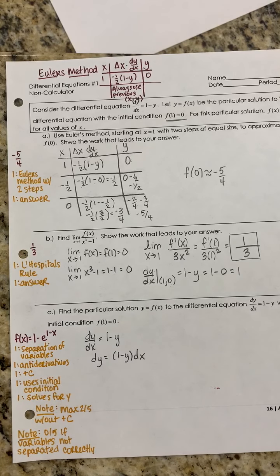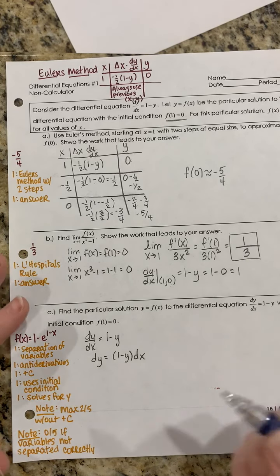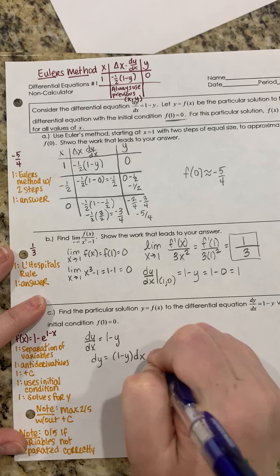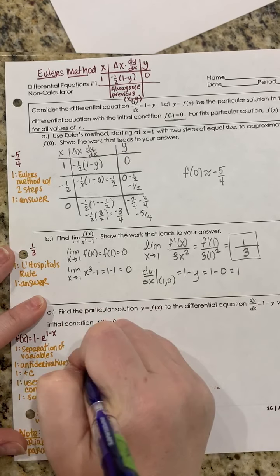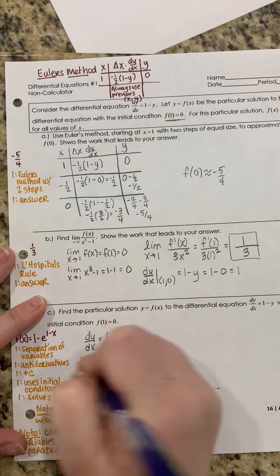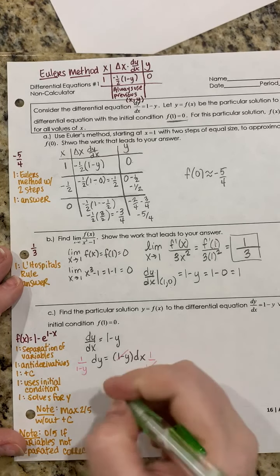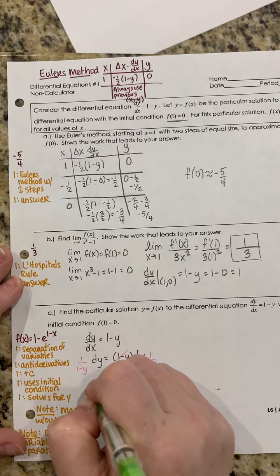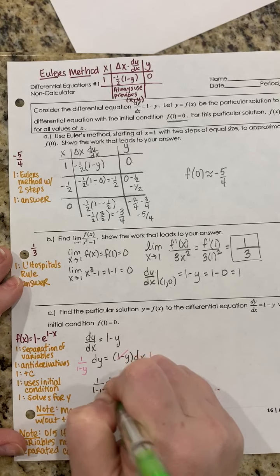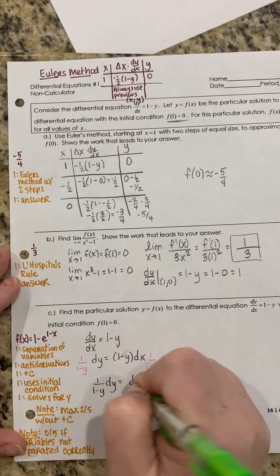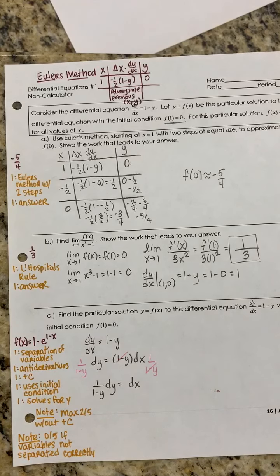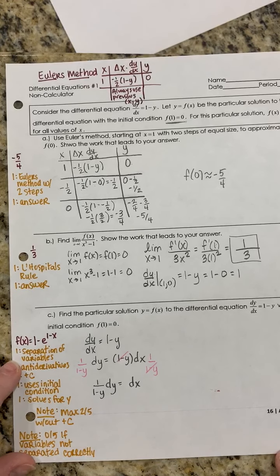So I have to multiply both sides by 1 over 1 minus y. So these cancel. So now I have 1 over 1 minus y dy equals dx. I now have 1 point out of 5.